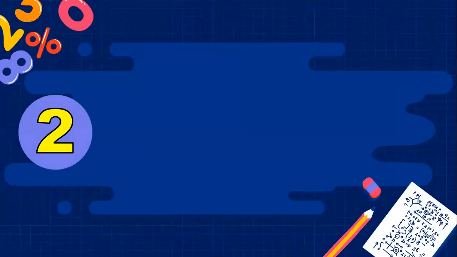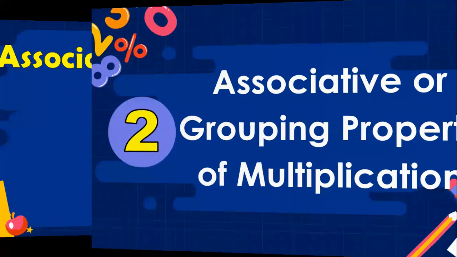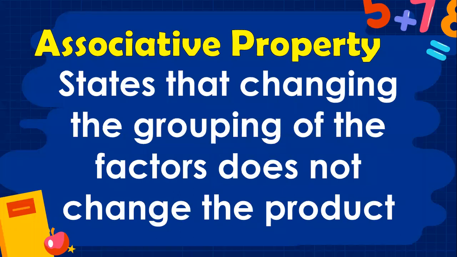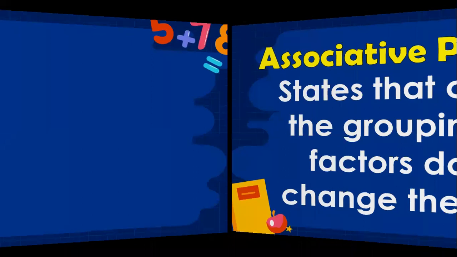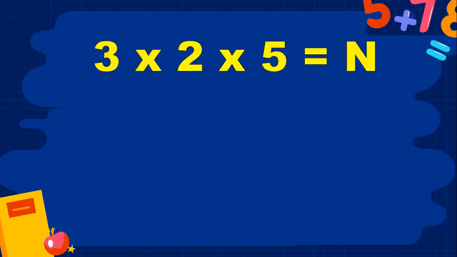Next one, number 2, we have associative or the grouping property of multiplication. When I say associative property, it states that changing the grouping of the factors does not change the product. For example, the teacher writes the equation. We have 3 times 2 times 5 is equal to n.